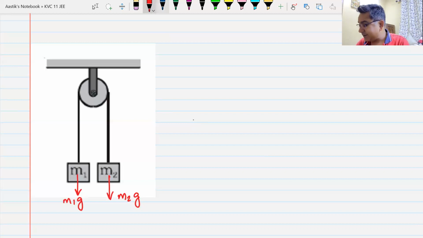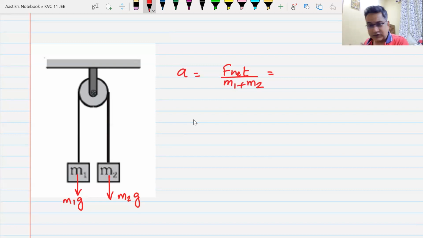So the net pulling force divided by the total mass gives me the value of acceleration. The net pulling force here is the bigger force minus the smaller force.